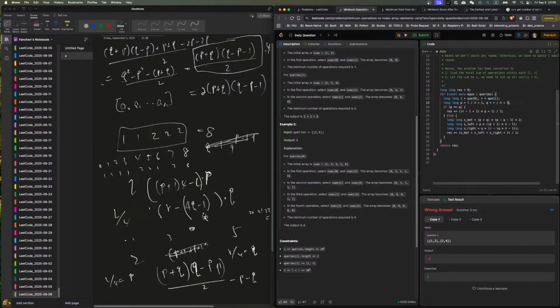Let's continue. I feel we are on the cusp. I just need to figure out why this thing doesn't work. P and Q are both 1, right?